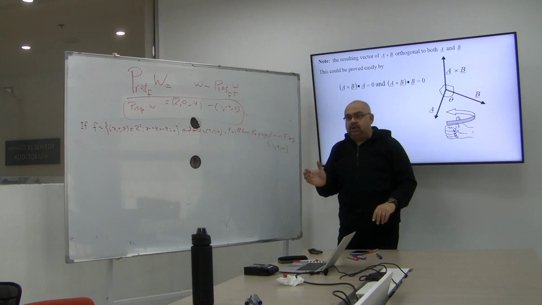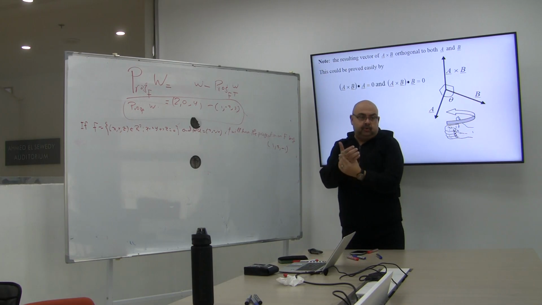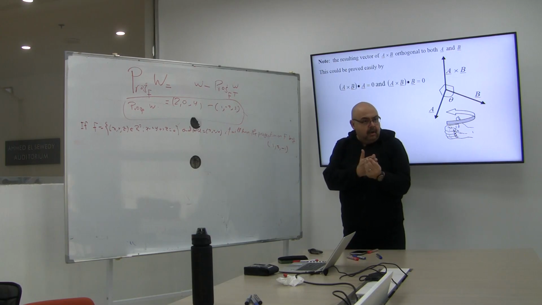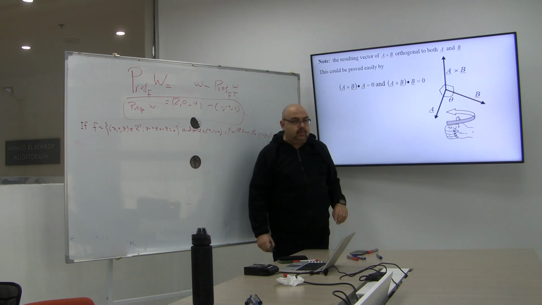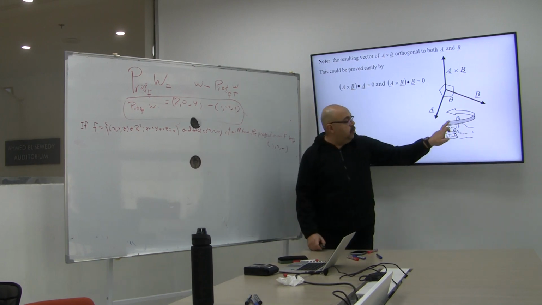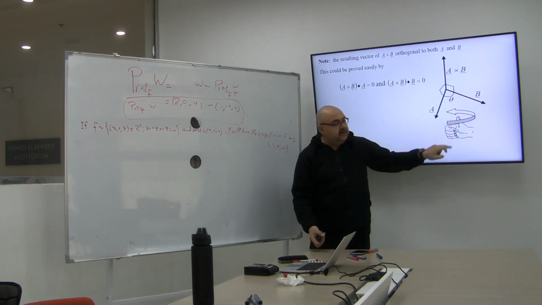Also, I have the positive direction. If you are multiplying from A to B according to the right hand rule, you will have the positive direction for the multiplication of these two vectors. So, if you work with the right hand side, you will have the positive direction.